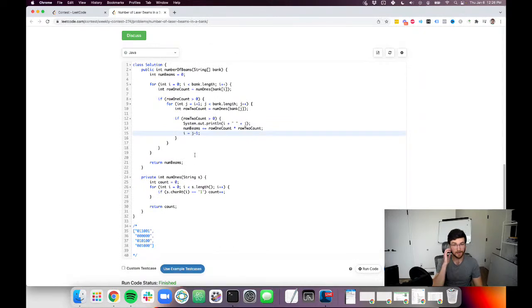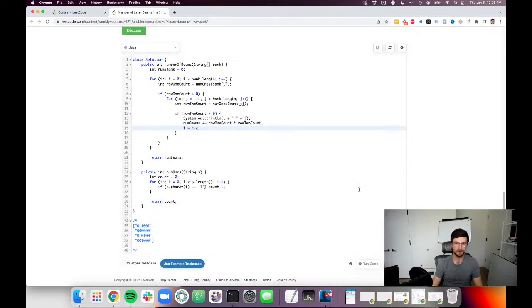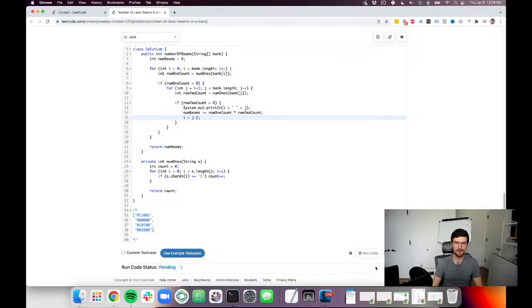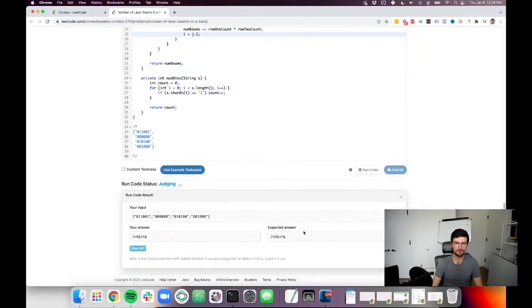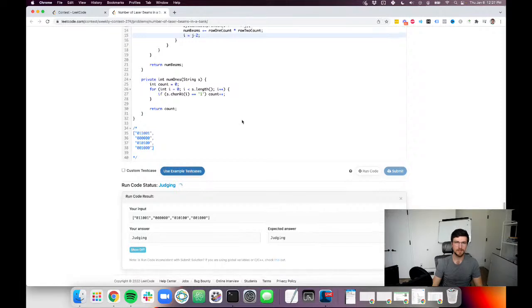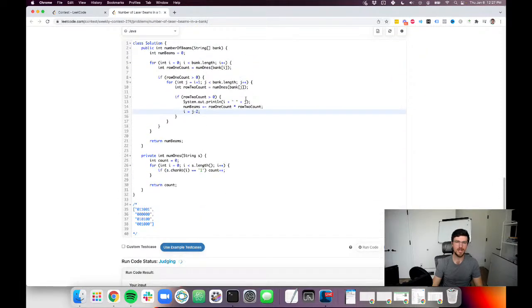This should be, so I think, this is really ugly, but I think that we just need to, because we basically want to reset it. Is this working? Because essentially what's happening is the j, we want the next value of I to be what j was.